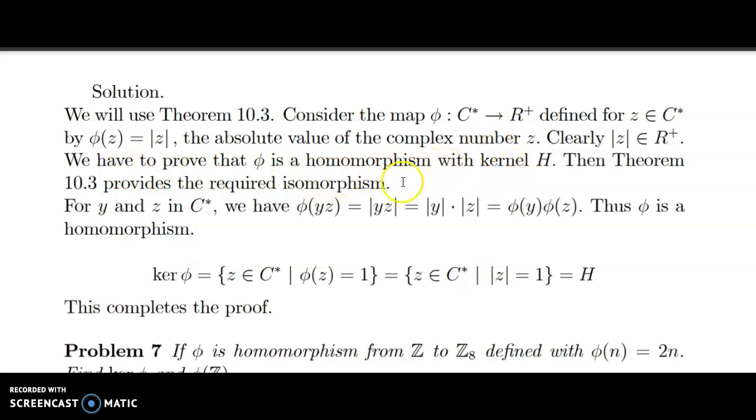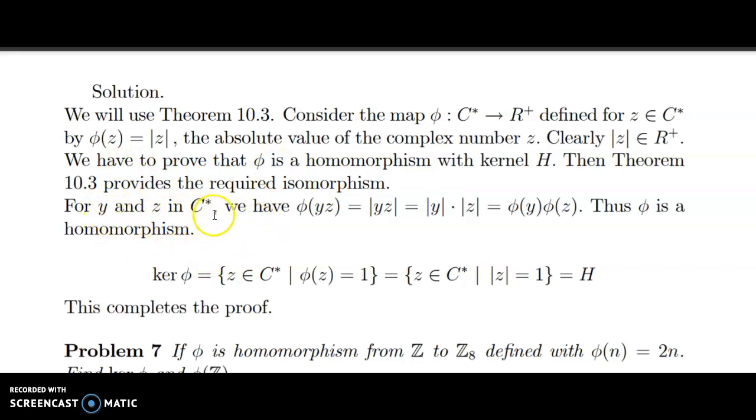We have to prove two things, that phi is a homomorphism and the kernel of phi is H. Then the first isomorphism theorem will provide the desired isomorphism.